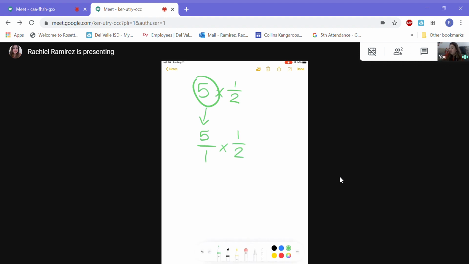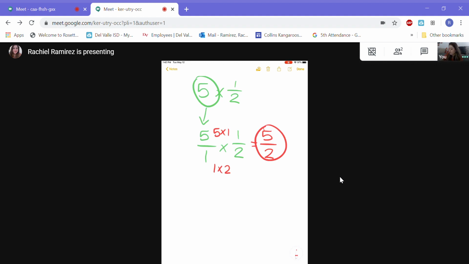So you are going to do 5 times 1, which is 5. And then 1 times 2, which is 2. Okay, the only difference with this question is that this is an improper fraction. So you would have to simplify, which is one extra step.